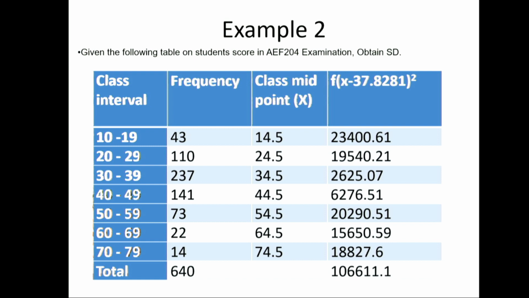The midpoints we have are 14.5, 24.5, and so on. The f into s minus the mean, 37.8281, everything square. The total for that particular one is 106611.1. Now let's look at the expression in the formula form.